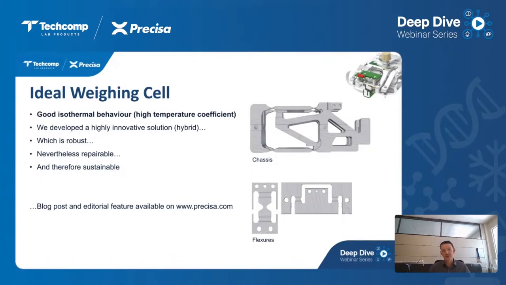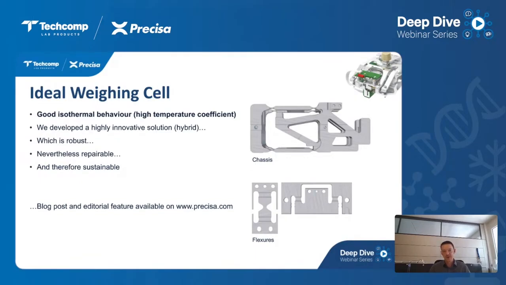These flexures usually face the most stress of the entire weighing cell. In case such a flexure breaks, the weighing cell does not have to be disposed of, but you can repair it just by replacing the flexures which are affected.